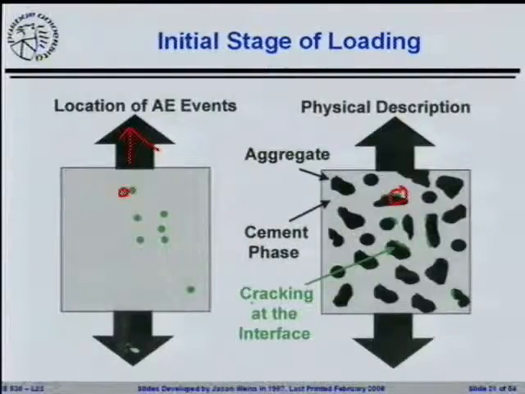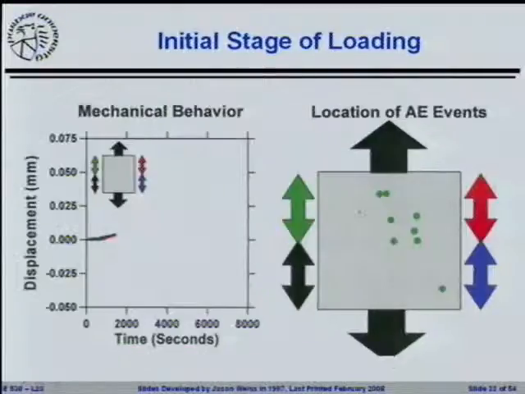So what's happening here is the paste is trying to extend. The aggregate under the exact same force is extending, but not the same amount, and you are going to expect to get cracking where materials are moving differentially. So even if the interfacial transition zone wasn't there, you would still get cracking at interfaces. Okay? So just because you see a crack doesn't mean that it's a weak region. It could mean that you have two dissimilar materials that are moving.